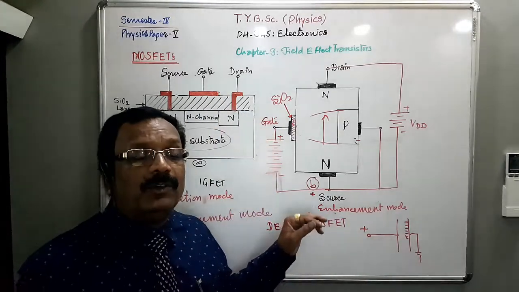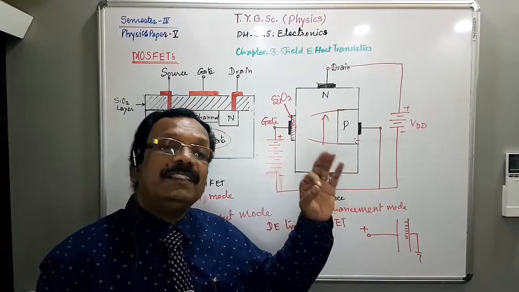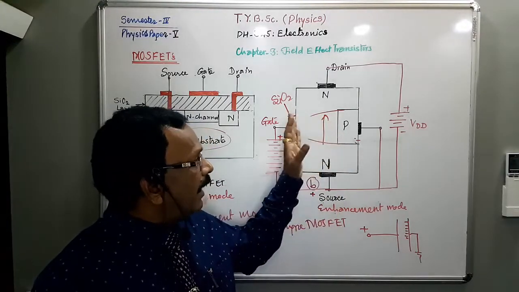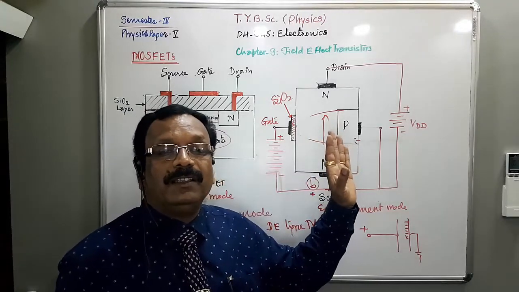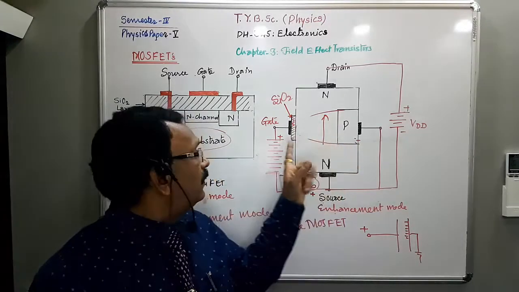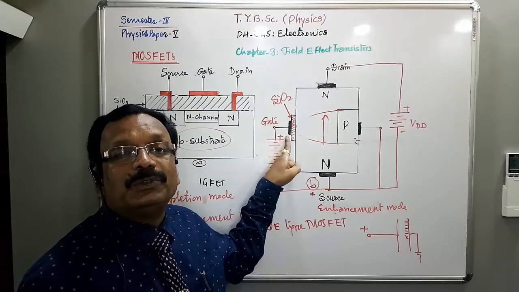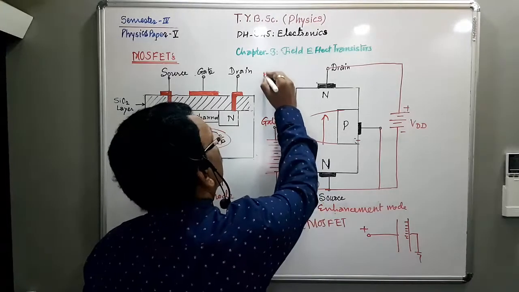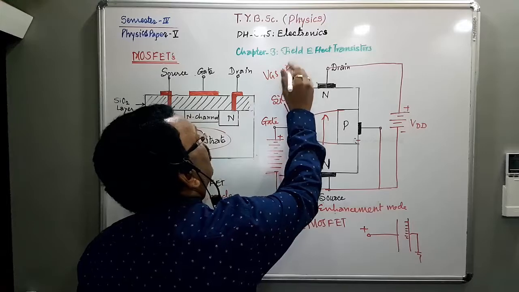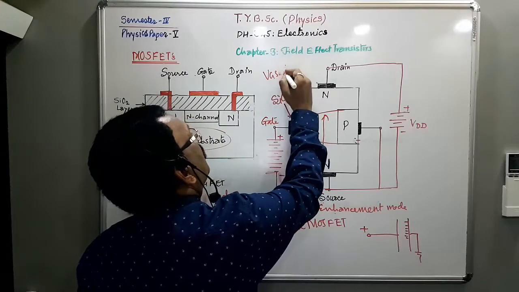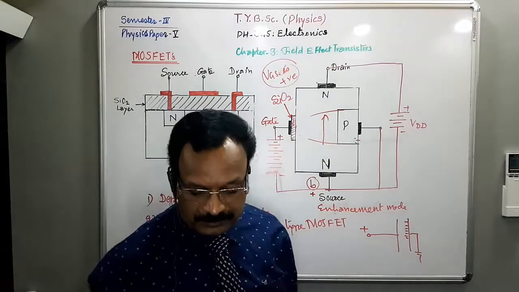See here, this is the depletion type N channel MOSFET with a positive gate to source voltage, that is, VGS is positive with respect to source.